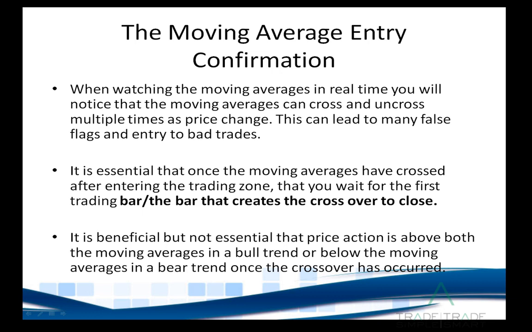So the simple rule is once the price action has entered into the manipulation zone and you've interpreted manipulation and you begin to see the 5 and 13 or whatever moving averages that you have chosen cross, you do not accept or confirm the cross until the bar which has created it has closed.